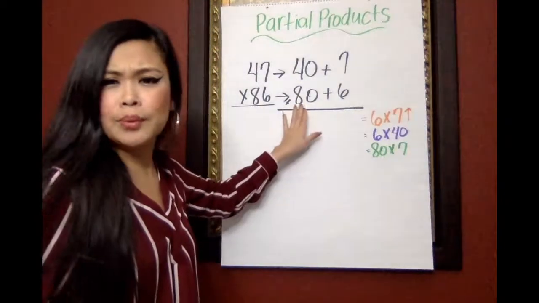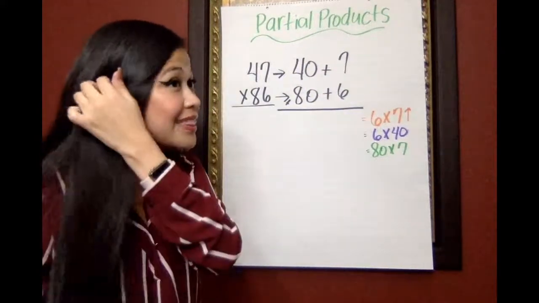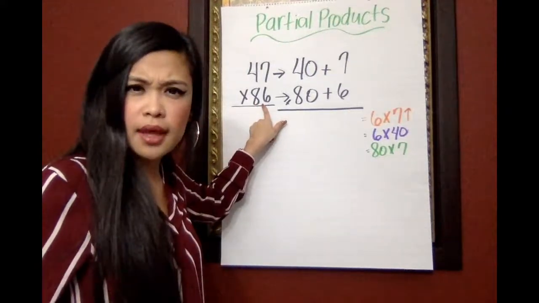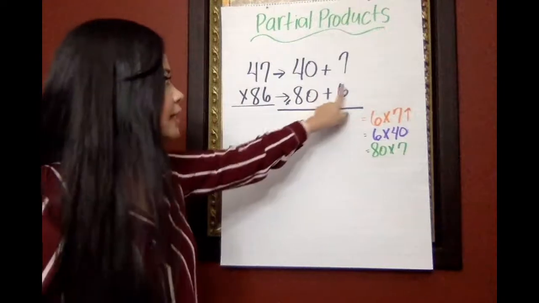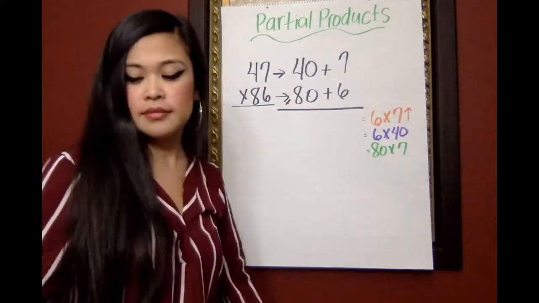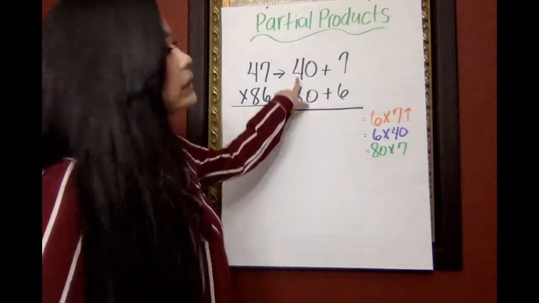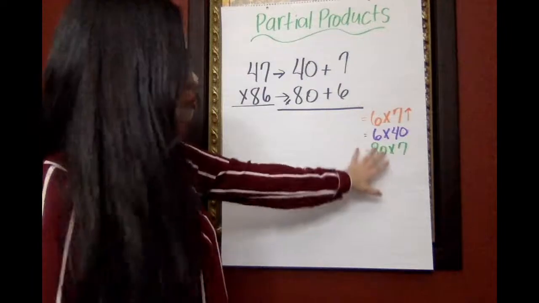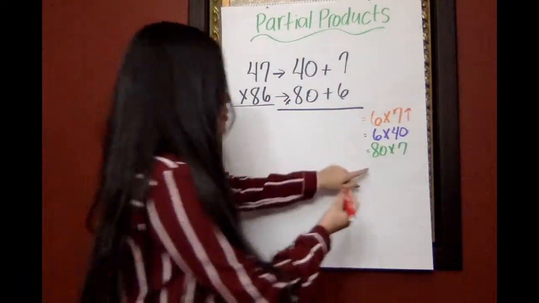Some of us will multiply 80 times 6, but again, that is the same number, 86. So you cannot multiply that by itself. 80 times 7. And then 80 times 40. And the way we did area model, it's the same way with partial product. Each number gets multiplied at least once.